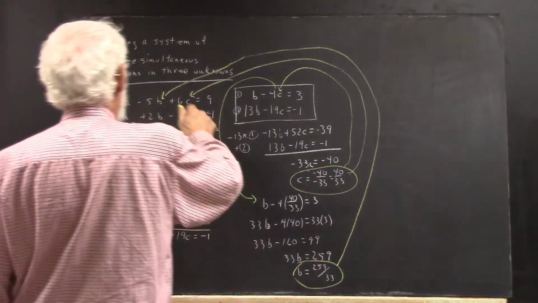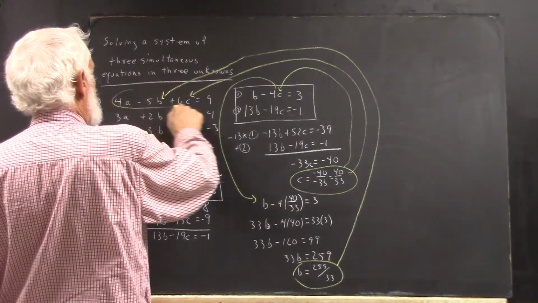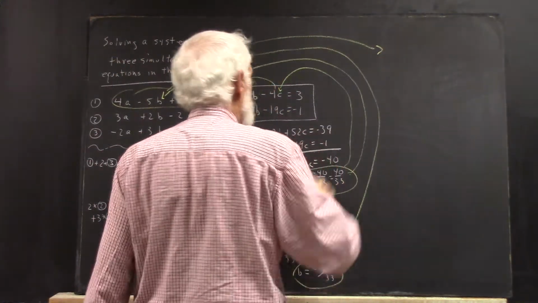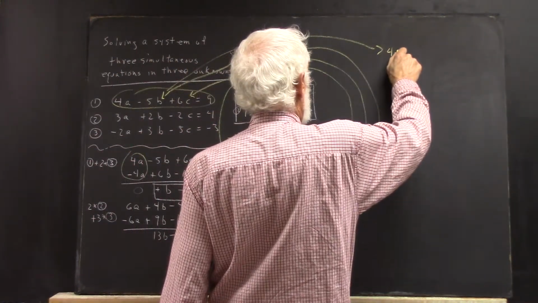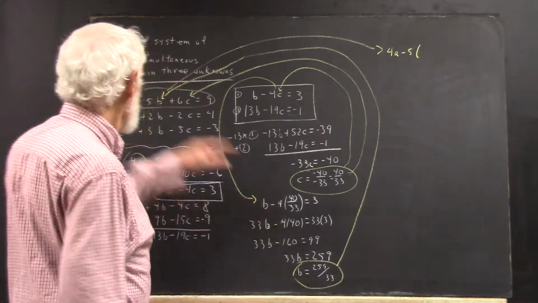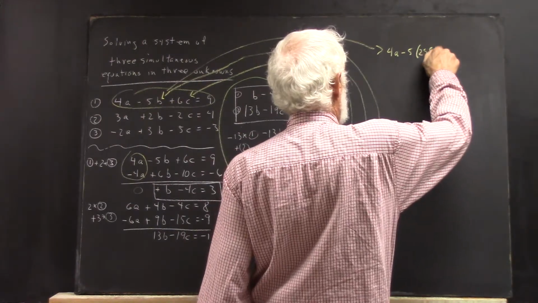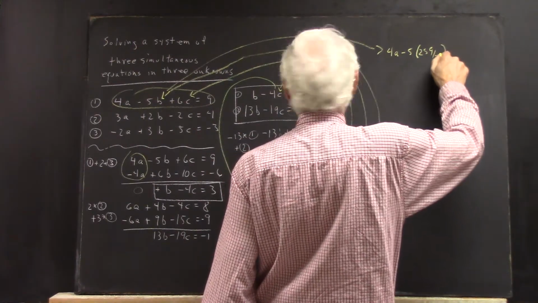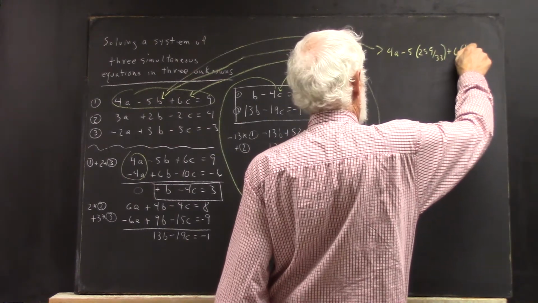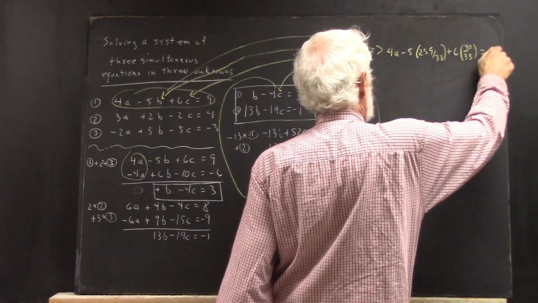And then from this equation, I get the equation 4a minus 5b, plugging in the b value, 259 over 33, and then it's plus 6c, 6 times 40 over 33, equals 9.